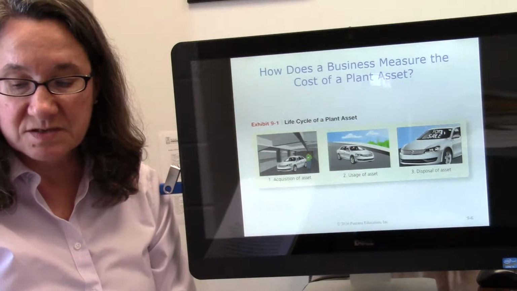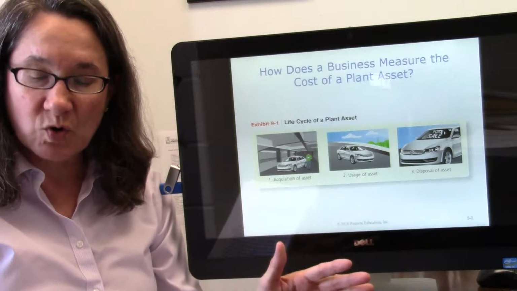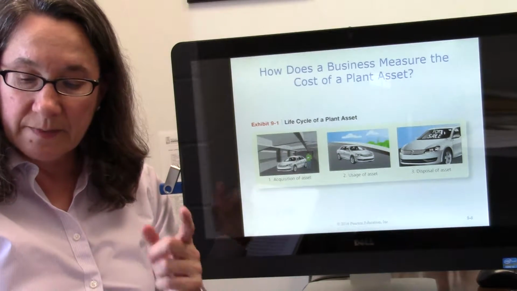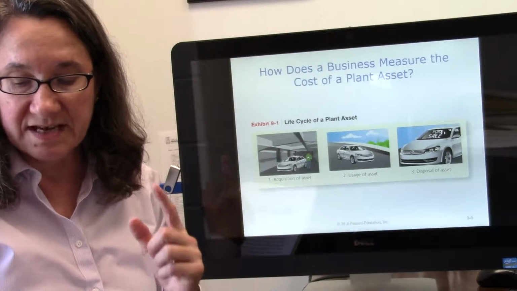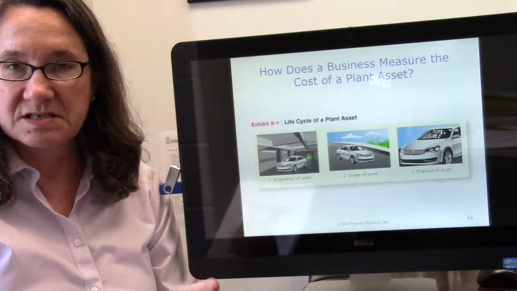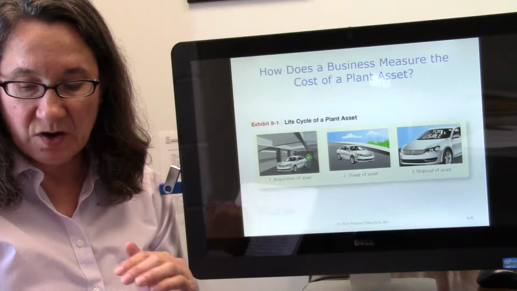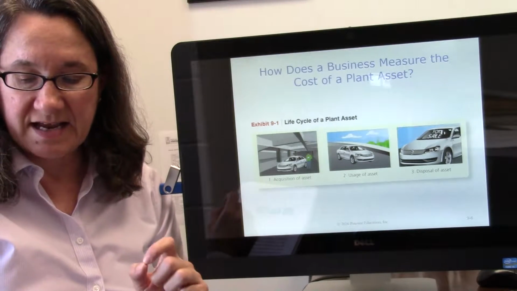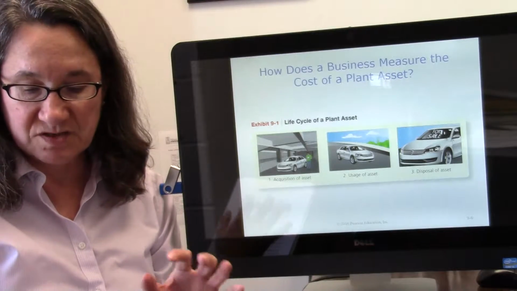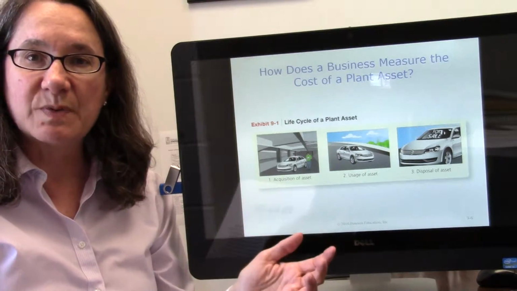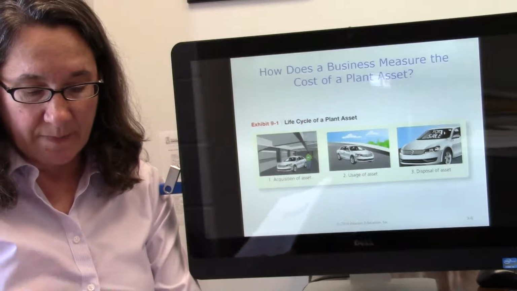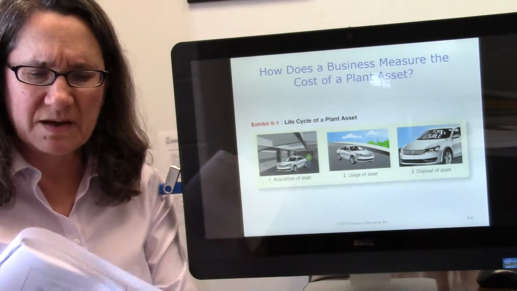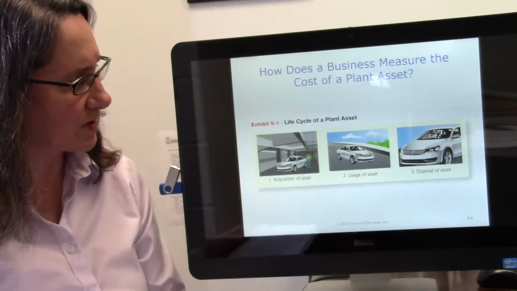As the business uses the asset, it must record depreciation expense. In addition, the business also incurs additional expenses such as repairs and maintenance related to the asset. Finally, when the asset has reached the end of its useful life, the business disposes of the asset. Each of these stages in the life of a plant asset must be recorded on the business's books.